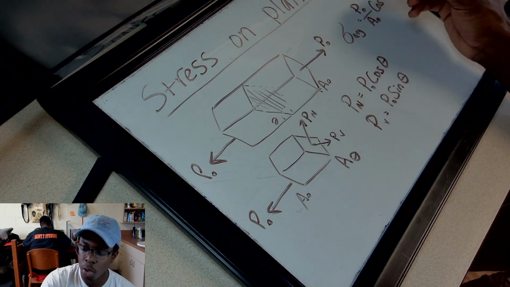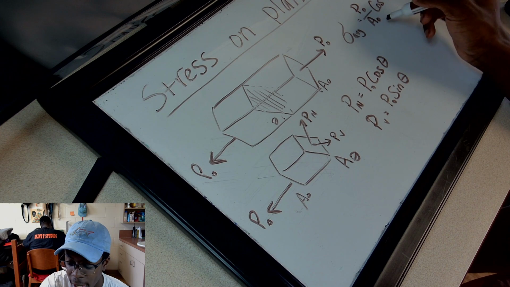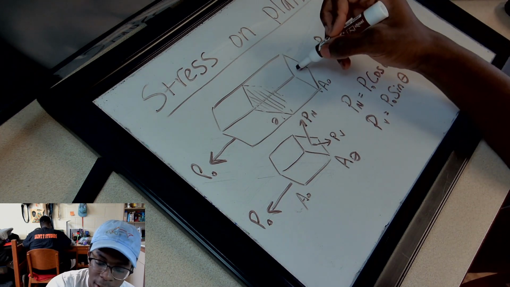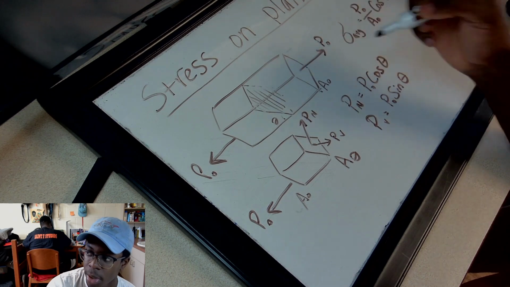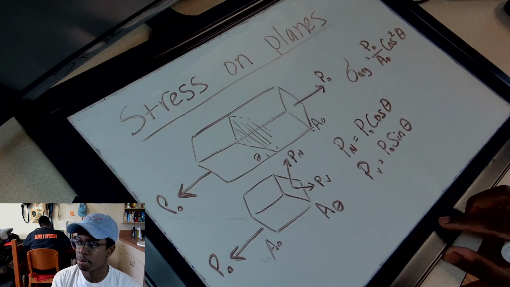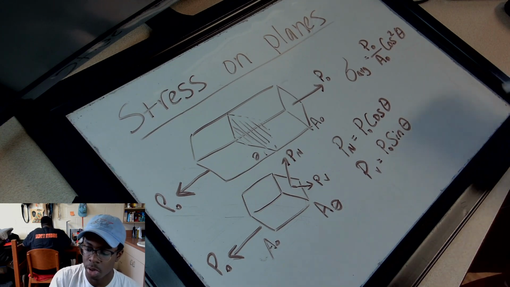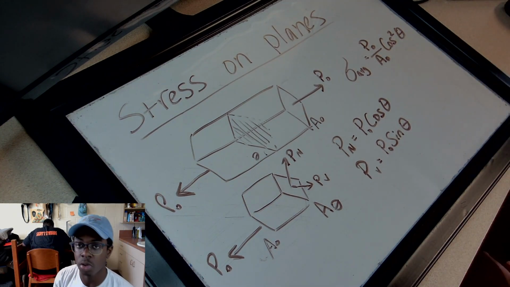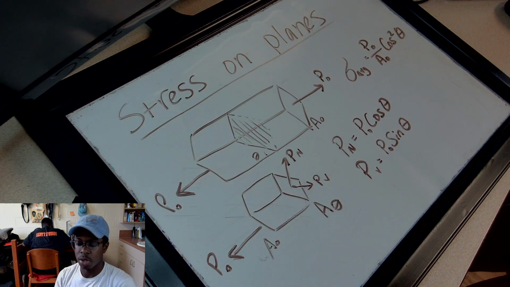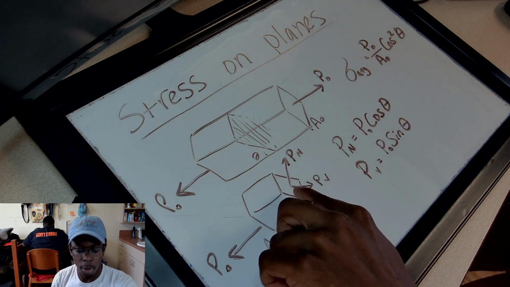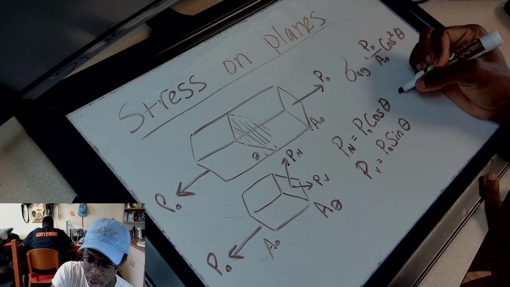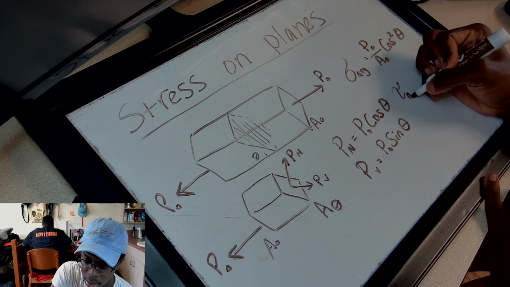Of course, P naught over A naught is just our normal stress if we were looking at this area right here. But now we're not. Now we have this angled plane. So now we have this multiplier of cosine squared theta that's going to give us what the normal stress is on this plane.